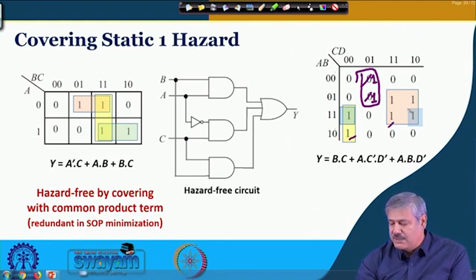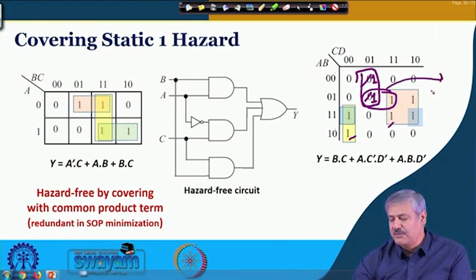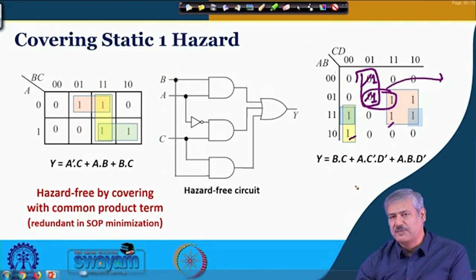One is the one that we have already seen, another is this particular case. These two are logically adjacent but not covered by any common product term in the most minimized case. So, to cover this, we need to generate this term and add it here for that particular minimized expression.